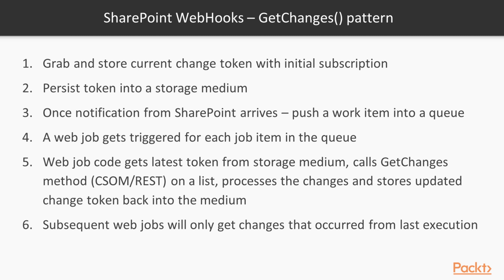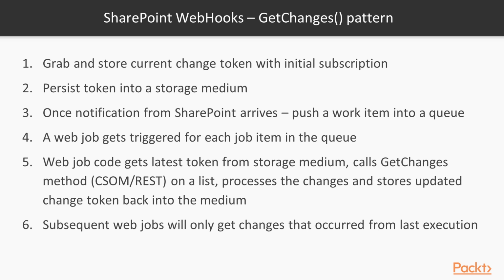And as I've told you, a web job will get created for each job item, and then the code inside the web job will get the latest token from the storage medium and include that with a call to get changes to the SharePoint. This way, SharePoint will know from which point of time to return the list of changes.